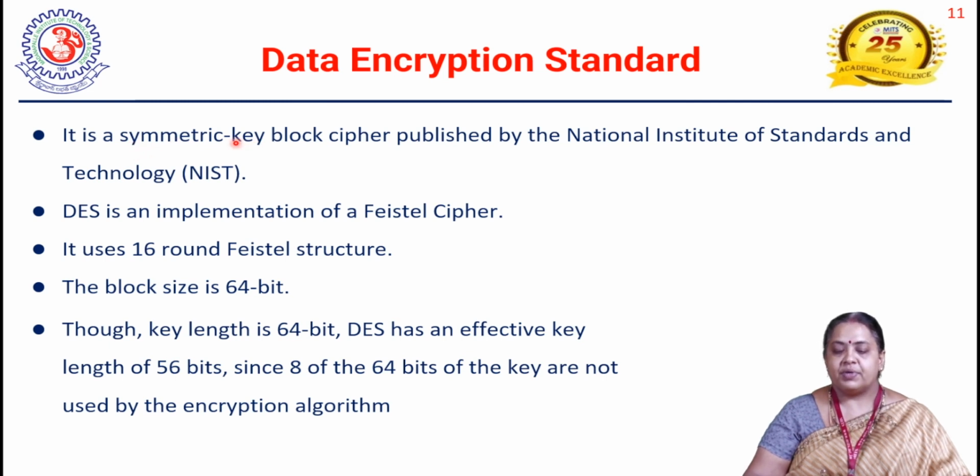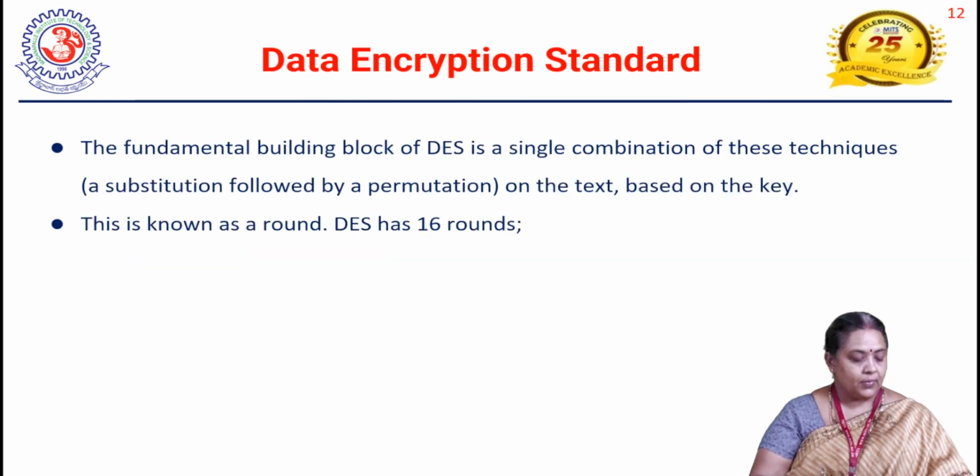If a pair of keys is used, we call it asymmetric. DES is an example of symmetric key cryptography. In DES we have 16 rounds. In each round we have substitution followed by permutation. So the fundamental building block of DES is the combination of substitution followed by permutation, based on the key.